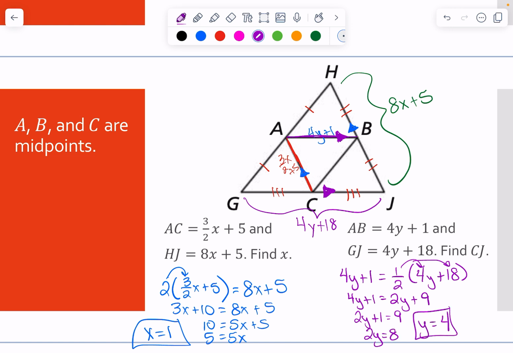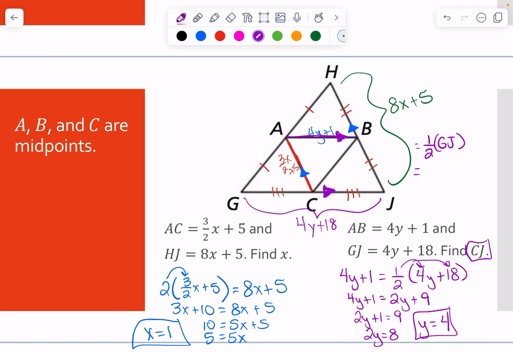But be careful here, because what they're asking for is the measurement of CJ. Now remember, CJ is half, because C is the midpoint, half of the length of GJ. So if I plug the 4 in, I know that CJ is going to equal half of GJ.